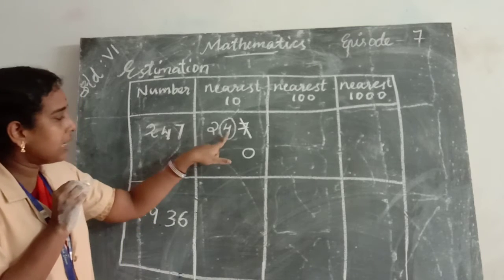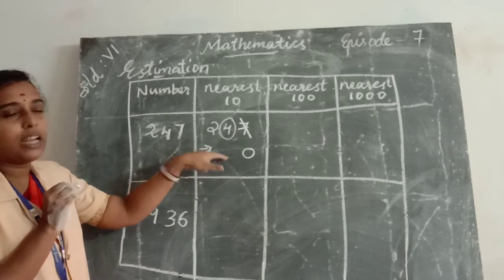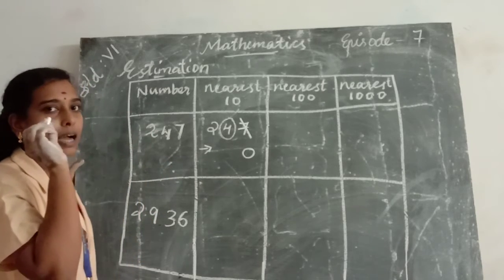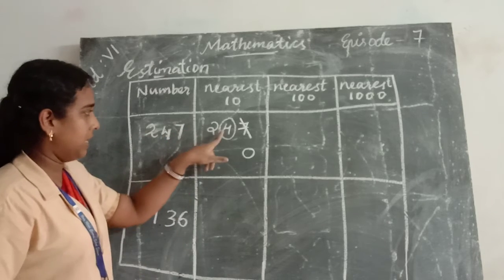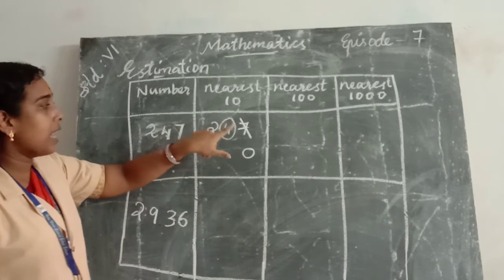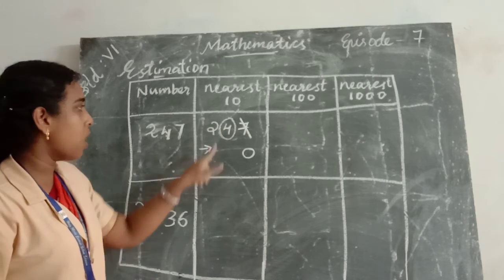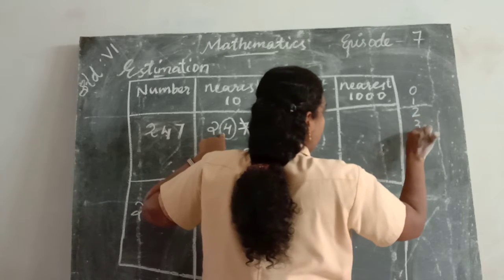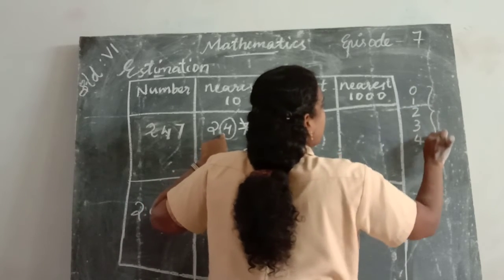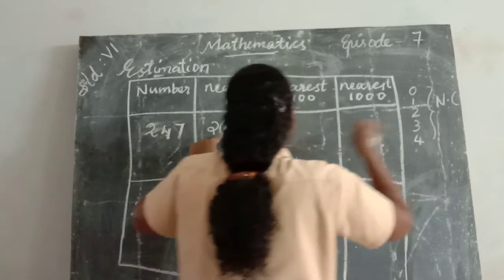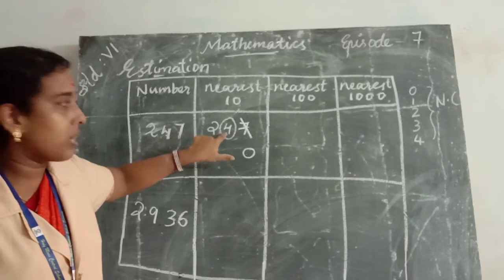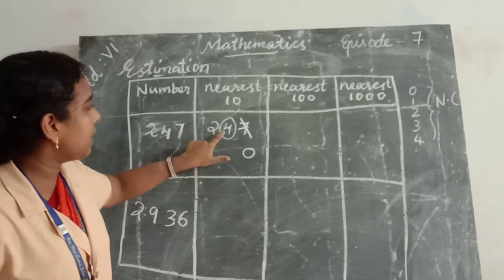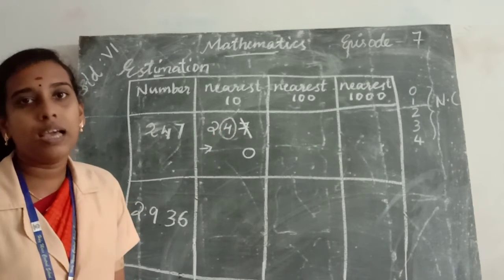Then to write the digit at the rounded position, we just look at the digit that comes just before the rounded digit. If the digit that comes just before the rounded digit is 0, 1, 2, 3, 4, then there is no change in the rounded number.